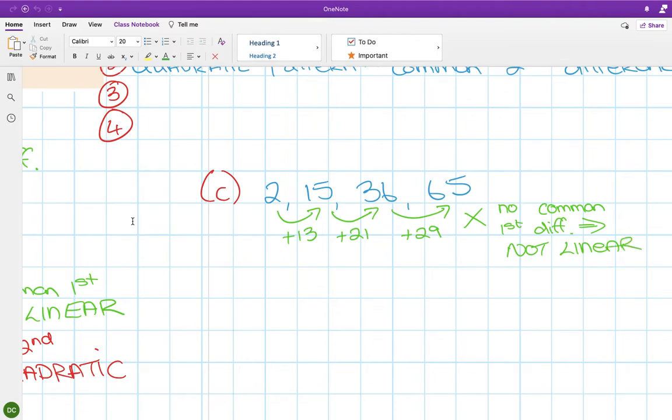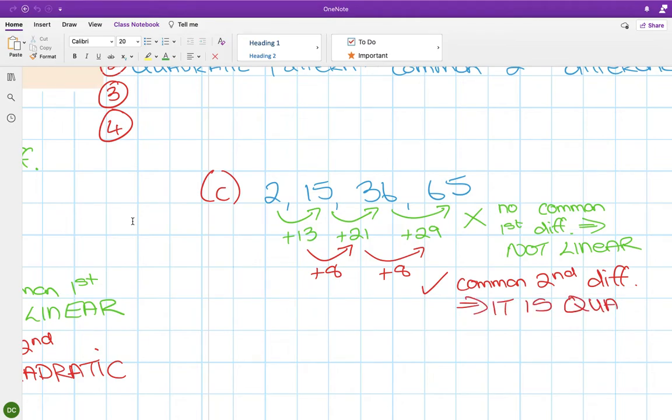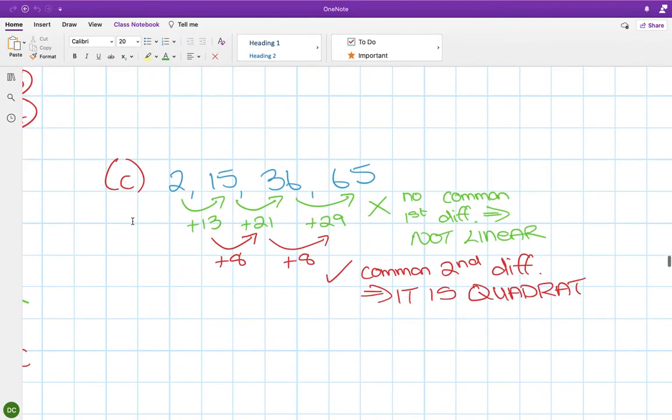Look at the second difference. That's 13 to 21 is plus 8. And 21 to 29 is plus 8. Awesome. So we have a common second difference, which means this sequence is quadratic.